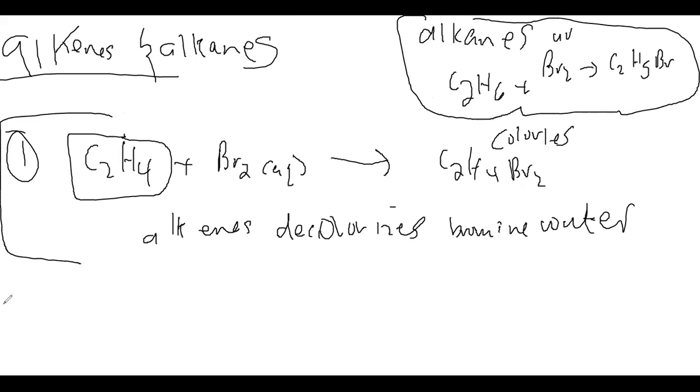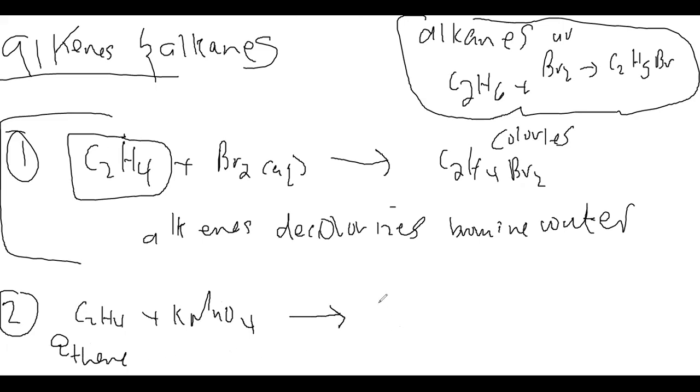Big difference. The second reaction you need to know is the reaction with KMnO4, potassium permanganate. So we use C2H4 again, plus potassium permanganate, KMnO4, which is an oxidizing agent. This is ethene, right? You're going to get ethylene glycol.